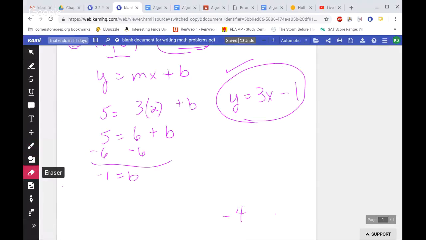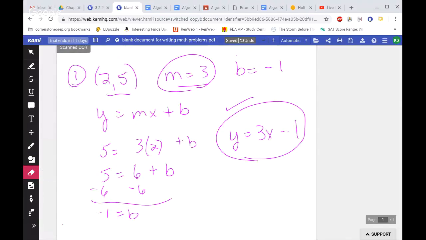Miss Sparks, can you scroll up a little bit? Like this? Yes, thank you. You're welcome. All right, you good, Mary Faith? Yes, ma'am.